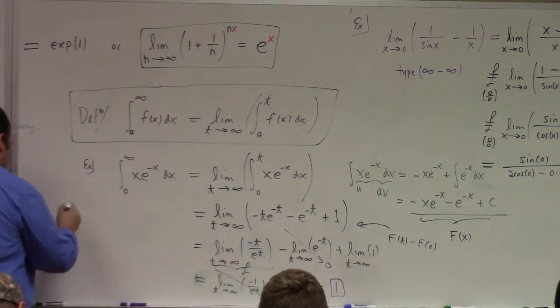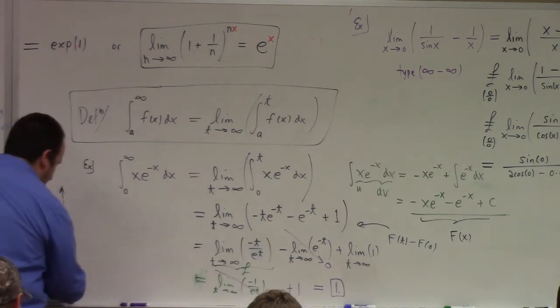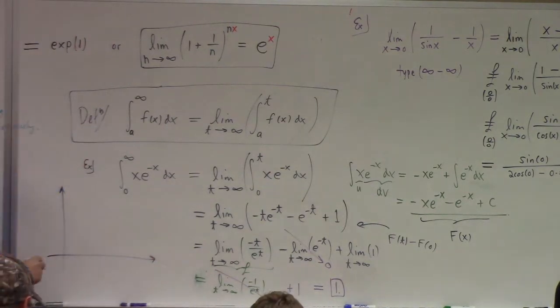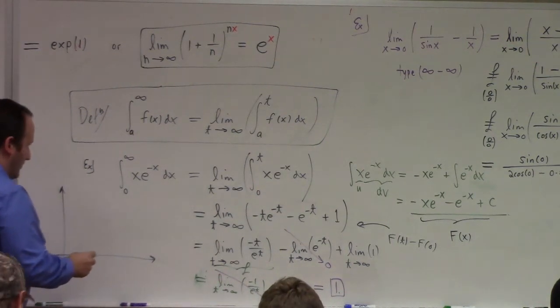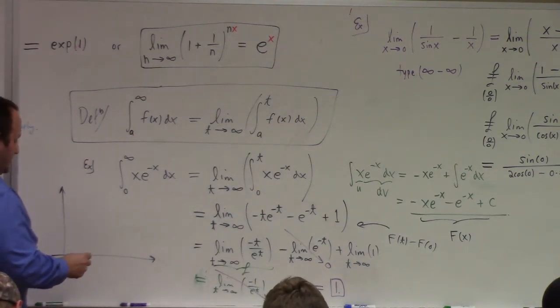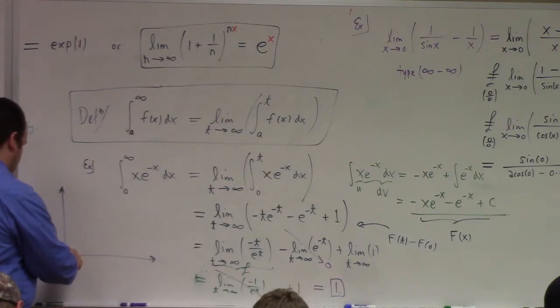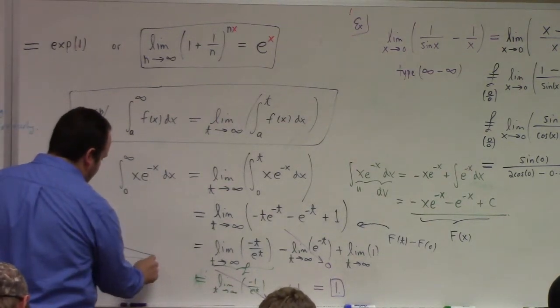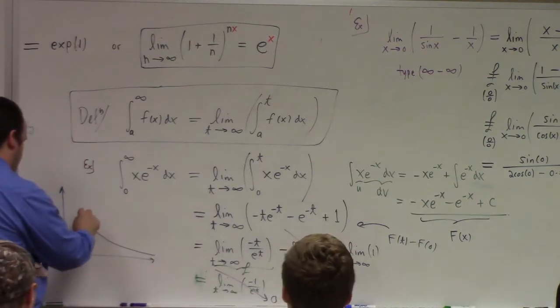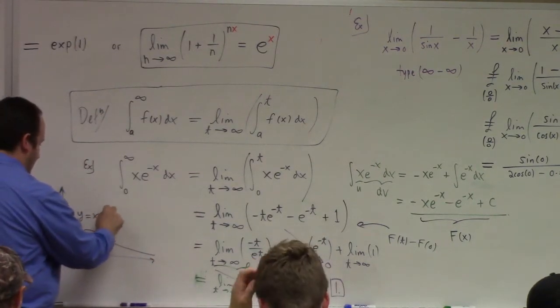Because what that means, guys, is that this x e to the minus x, I forget exactly what it looks like, but it starts at 0 and comes back to 0. So it's going to be something like this, roughly speaking. I'm not sure exactly where it has the hump, but this is y equals x e to the minus x.